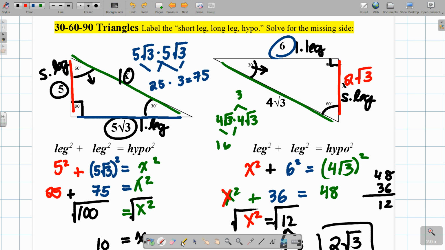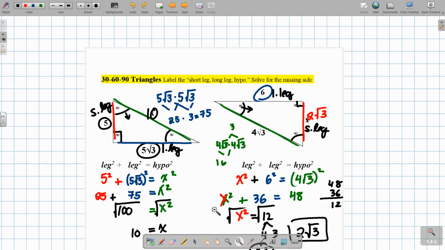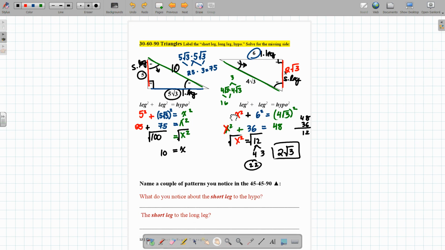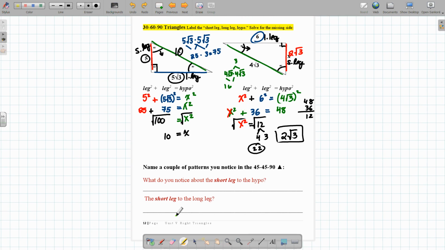There is a pattern here. There's 2 of them. I want you to figure out these 2 patterns first on your own. I'm not going to figure them out for you. It's your job to figure them out. I'm just going to highlight them so they're easy to spot. The first pattern is, what do you notice from the short leg to the hypo? So the short leg here is 5. The hypo is 10.